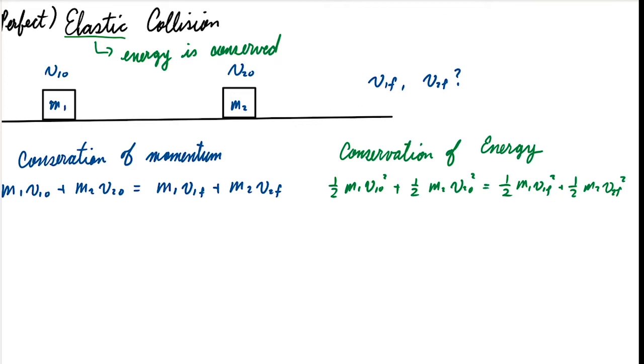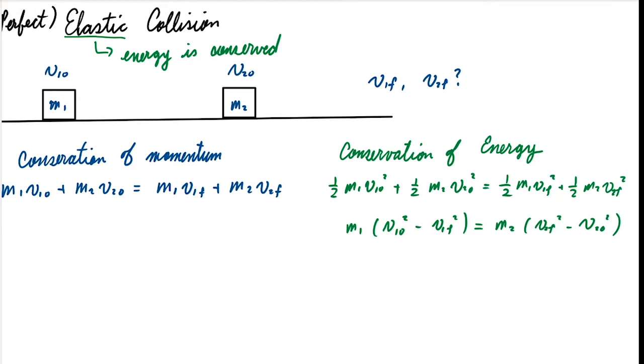This requires a unique trick, and here's the trick. Number one, I'm going to multiply both sides by 2 and collect the like terms according to m. So I'm going to have m1 on the left-hand side and m2 on the right-hand side. Too much algebra?